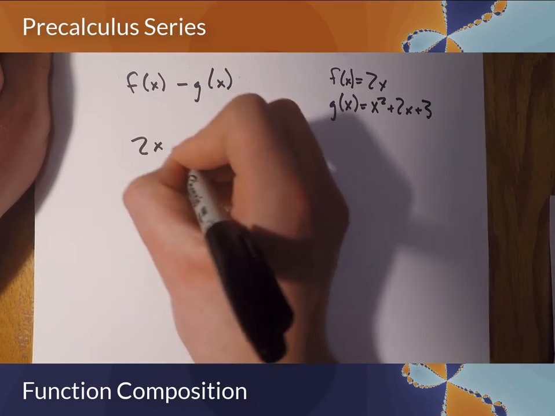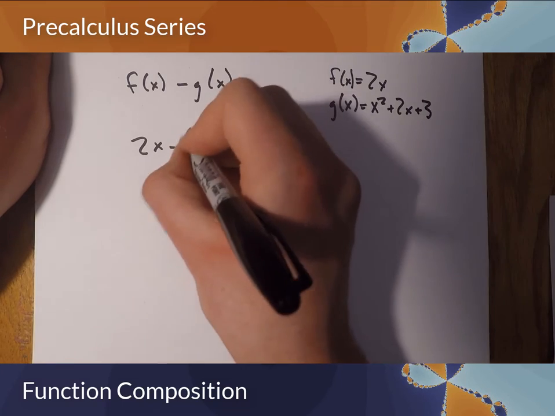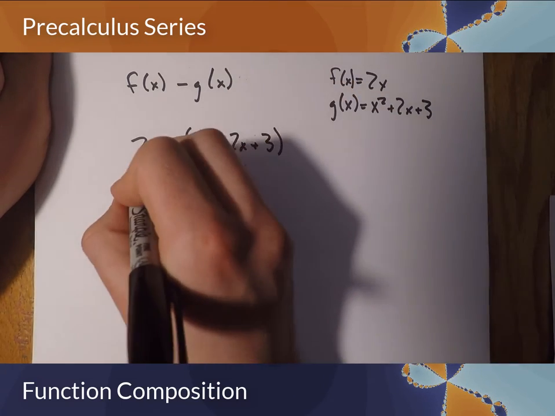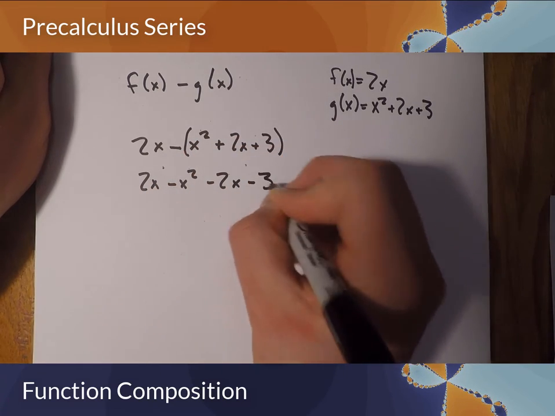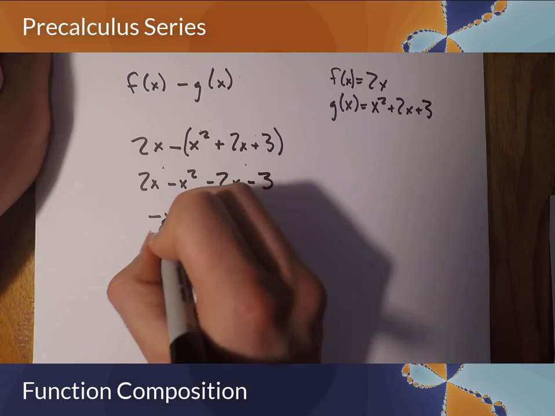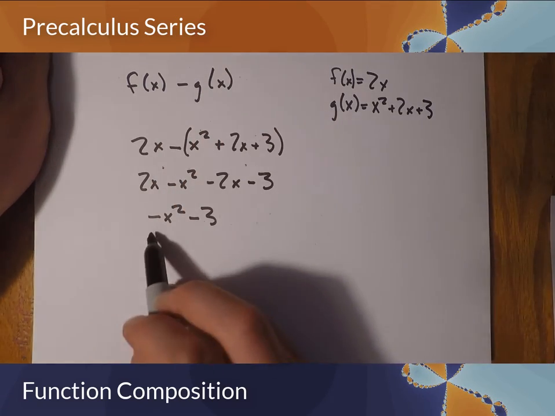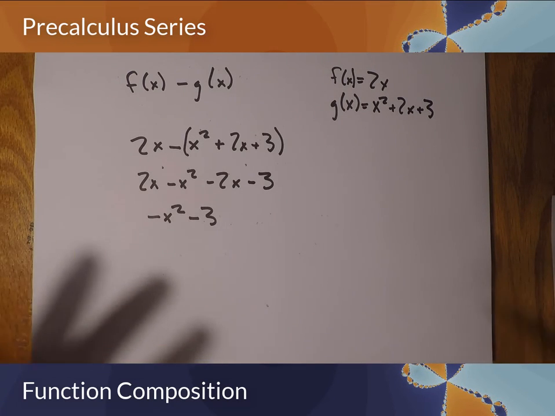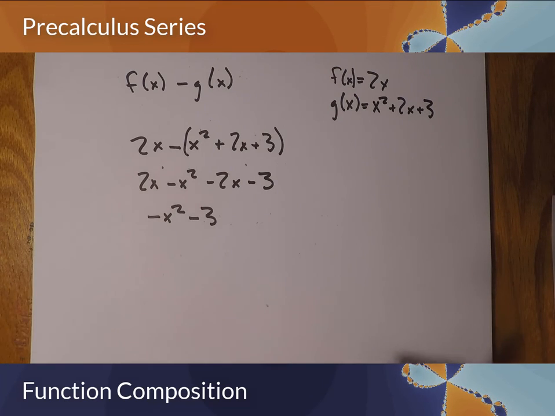So you have 2x minus (x squared plus 2x plus 3). And so then you get this: f of x minus g of x equals negative x squared minus 3. And so pretty much that's really what the basics of function composition are. It really doesn't get much more complicated than that.